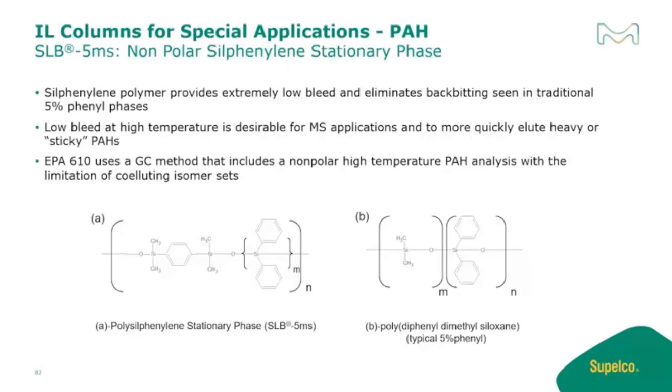So your traditional phase for doing this analysis is either a 5% phenyl or a 50% phenyl. Again, these are the most widely used phases. They are nonpolar. Here are 2 examples of the 5-MS phase. Figure A shows the silphenylene backbone, the arylene phase, and then your traditional 5% phenyl phase on the right.